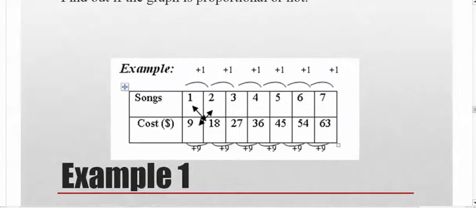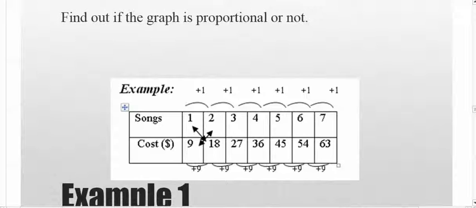So here's an example. It starts out with 9, and then it keeps going, so plus 9, plus 9, plus 9, plus 9, plus 9, and plus 9. And then this is just plus 1 each time.